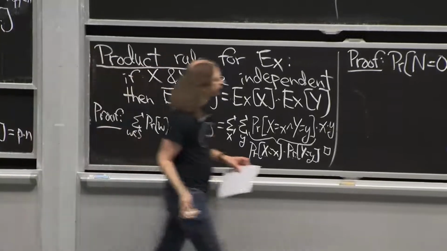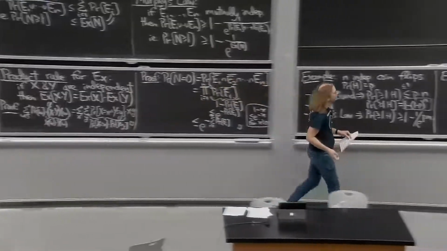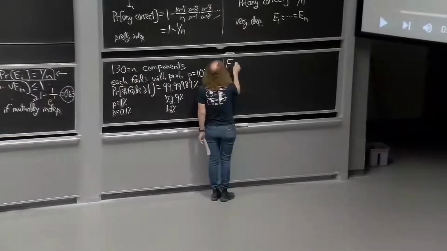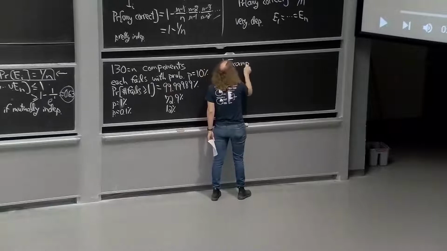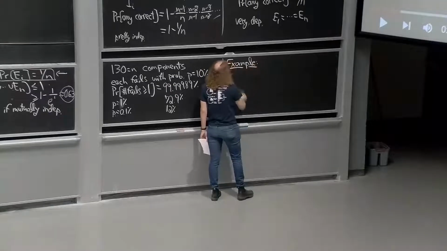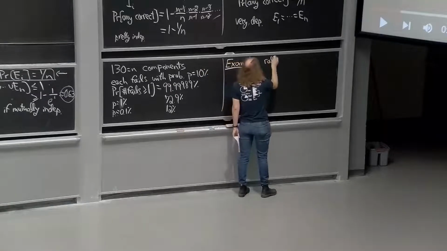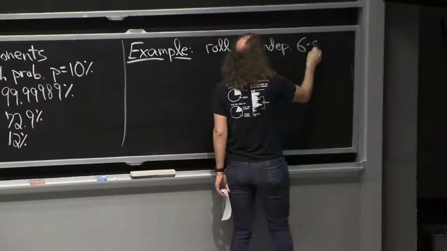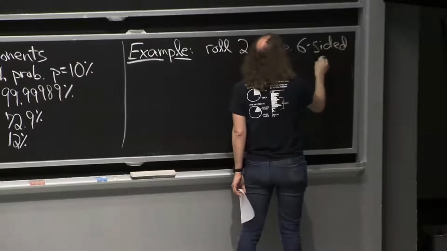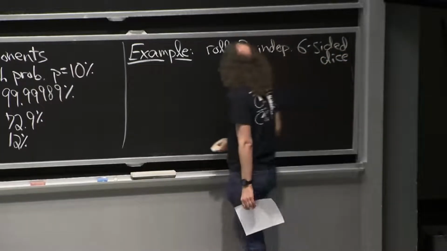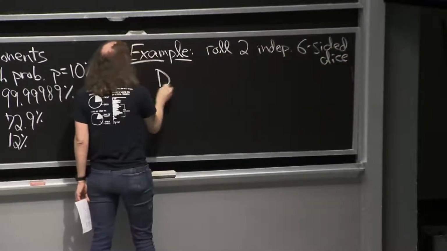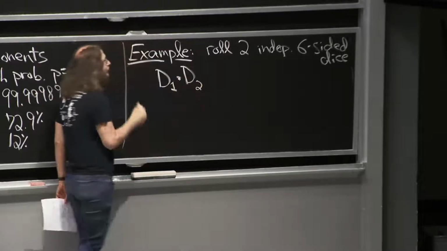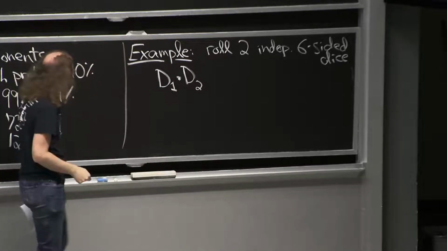Cool. Let's do an example with that. Suppose we've invented a new game, which is we roll two independent six-sided dice. And then the score is the product of those two dice. Not a typical game. Usually you sum. But let's say we take the product.